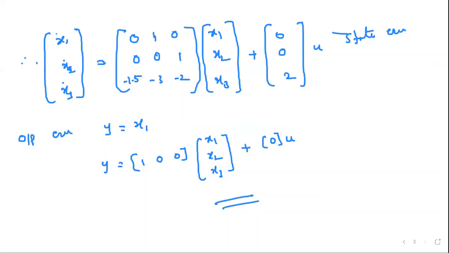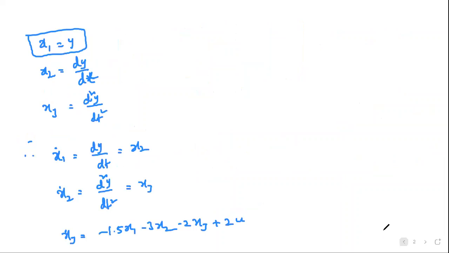Controllable canonical form, you know already. If you remember the controllable canonical form, that is 0 1 0 and so on, 0 0 1 and so on, and the last row minus an, minus an minus 1, and so on, minus a1. If you remember this matrix, you can directly write down these values from the differential equation.